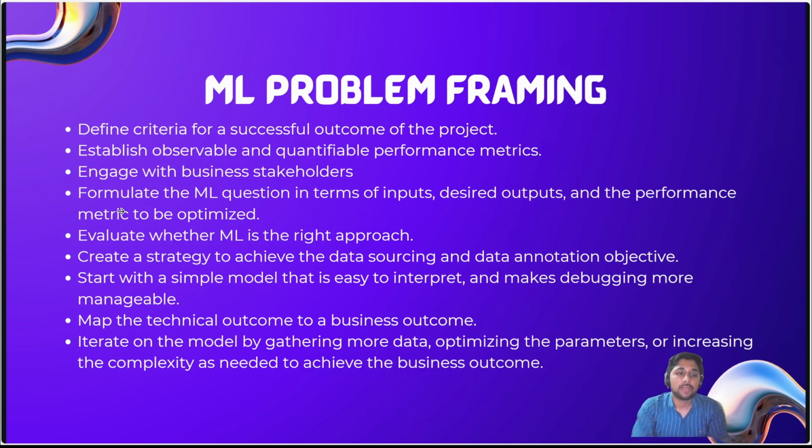We also talk about different strategies: how we are going to store our data and how we are going to process the data. Everything related to technical details we discuss in this machine learning problem framing phase, and also how we link that technical output to the business outcome.